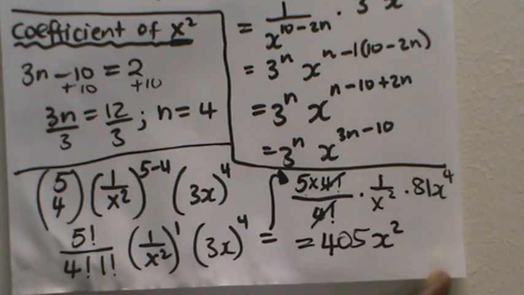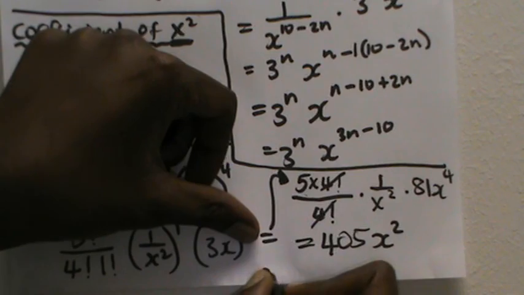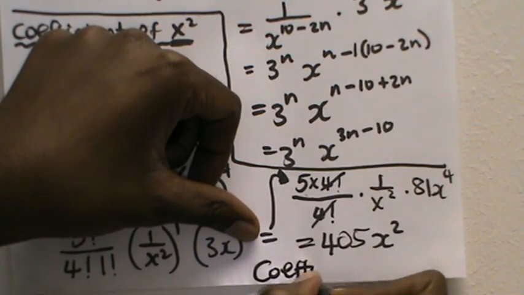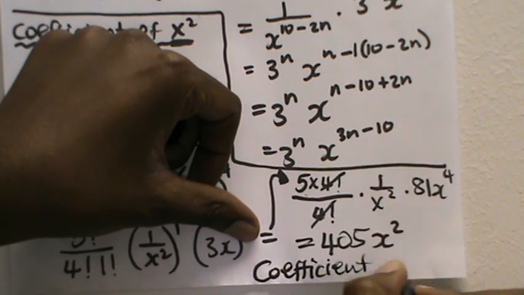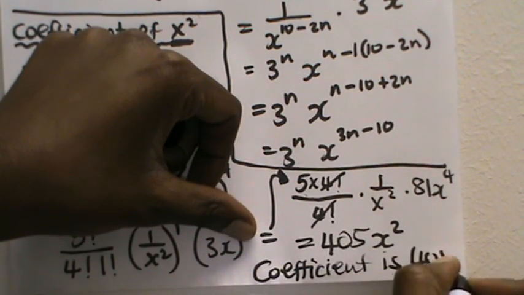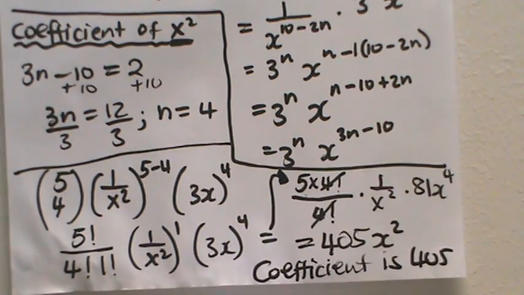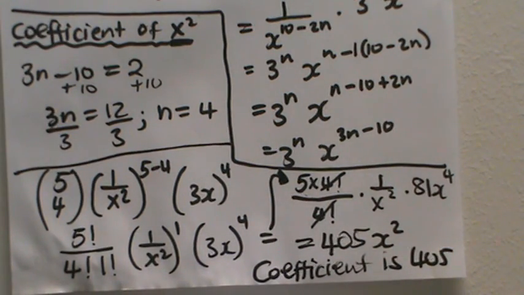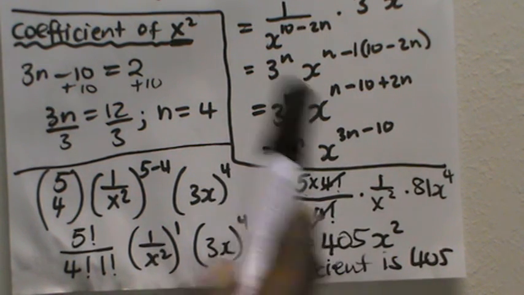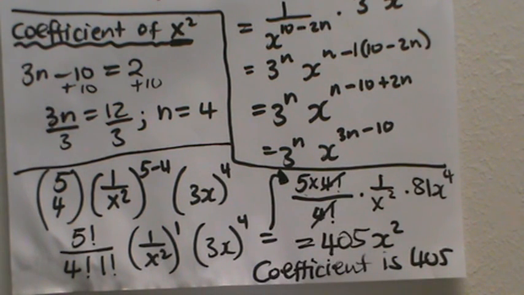That is obviously just x to the power of 2 that is left. So you can just make the statement, the coefficient is 405. So remember, coefficient is the number in front of the variable, and here you've shown that the coefficient is 405.